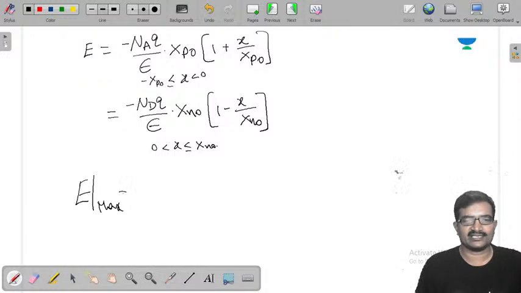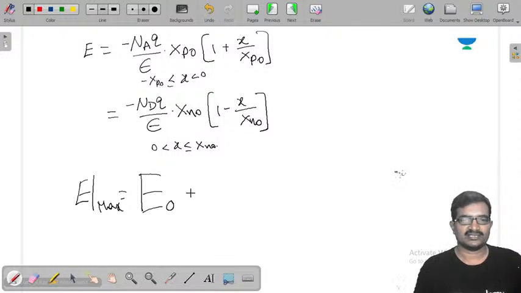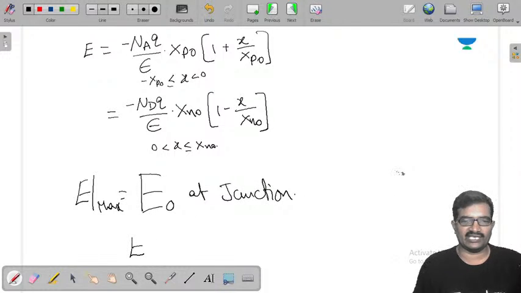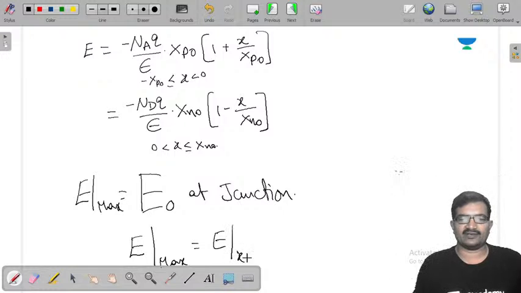The electric field is maximum at the junction. This is the maximum electric field I am representing by E naught, at the junction, meaning x equal to 0. So E at x equal to 0 is the maximum electric field, that is E naught.